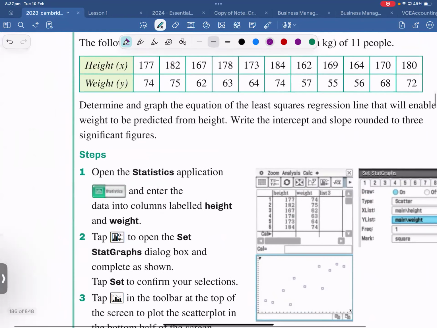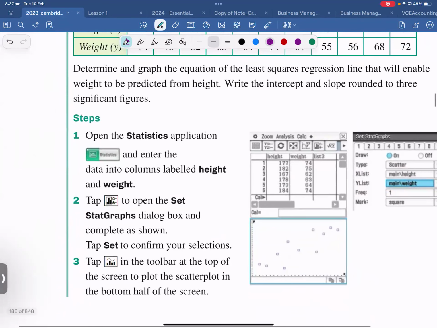Yeah, this one. Open the statistics application. You have it?